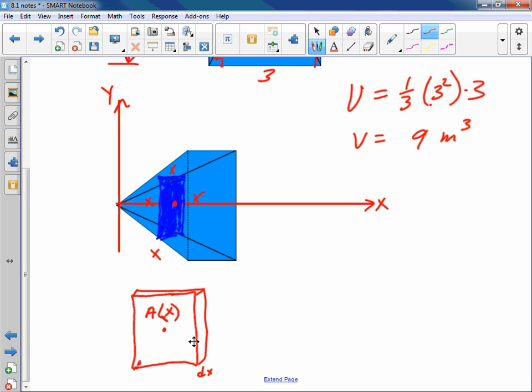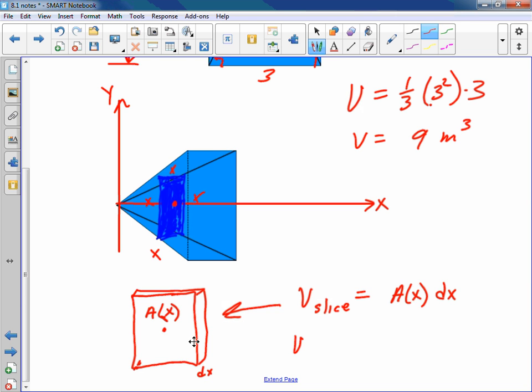So the volume of this slice here would be what? Oh, you're working too hard. A of x dx.